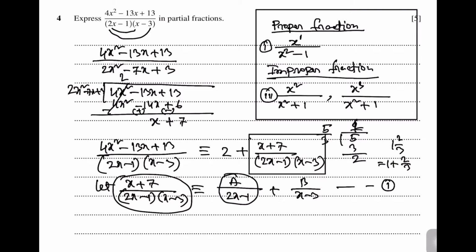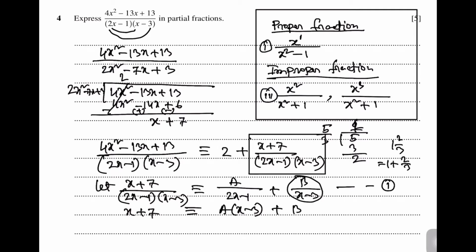If I multiply this one by (2x minus 1)(x minus 3), it becomes x plus 7 because the denominator will be cancelled. If I multiply this fraction, it becomes A(x minus 3) plus B, and this one will be B(2x minus 1).